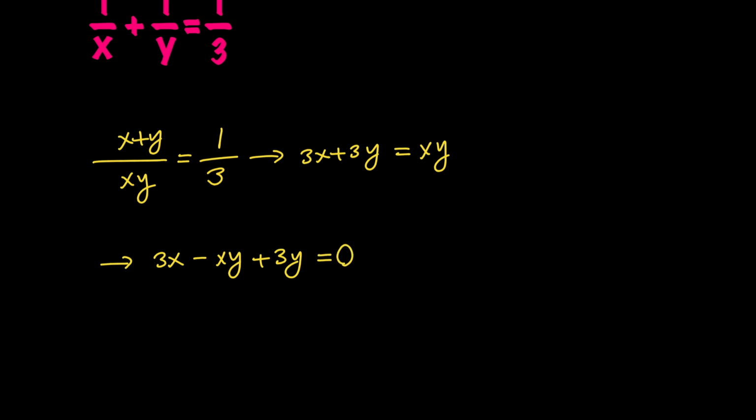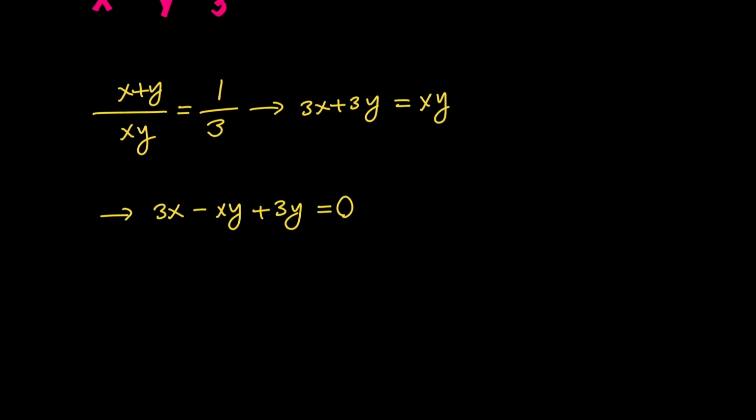Next, let's go ahead and try to factor the left-hand side. And that's actually an idea whenever we have a Diophantine equation, an equation that we want to solve for integer solutions. So on the left-hand side, we can factor out x out of these two. So if you do that, we're going to have x times 3 minus y plus 3y equals 0.